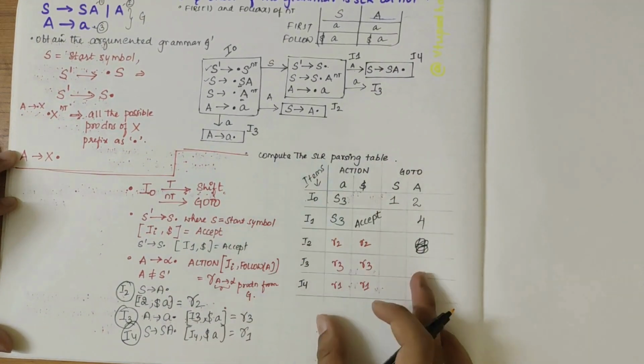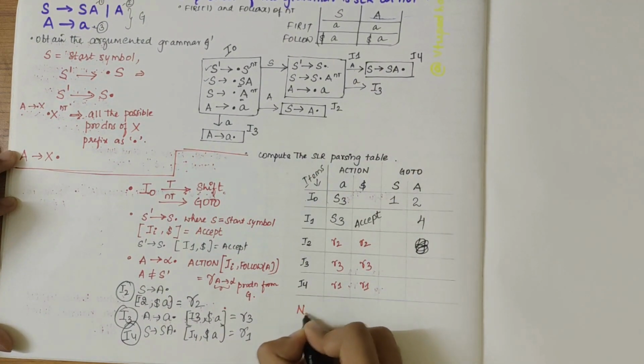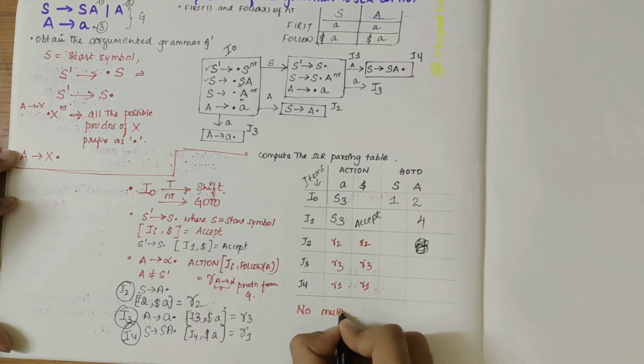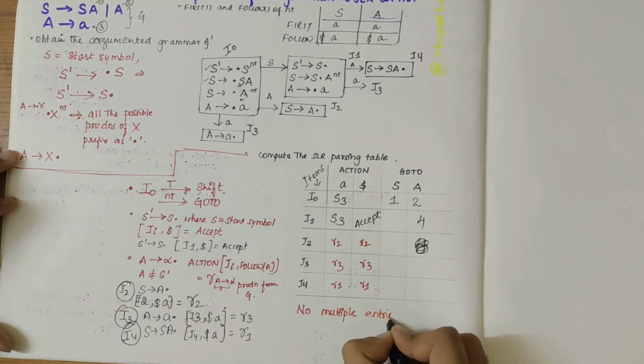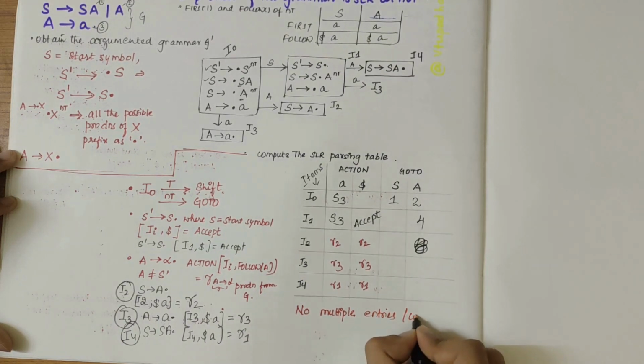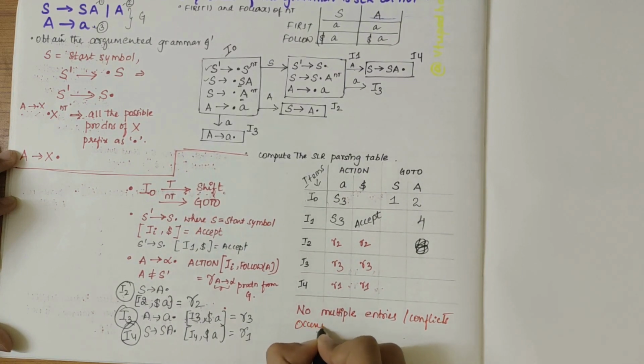So if you look at the table, there are no multiple entries or conflicts occurring in each cell.